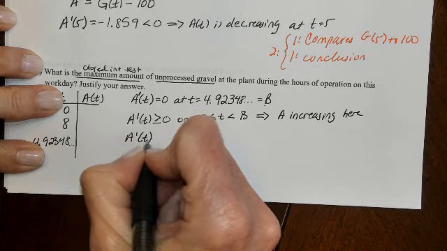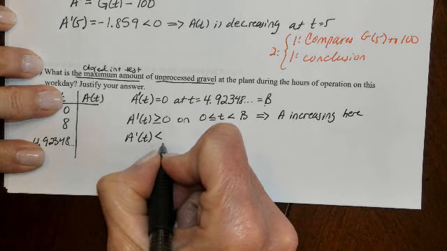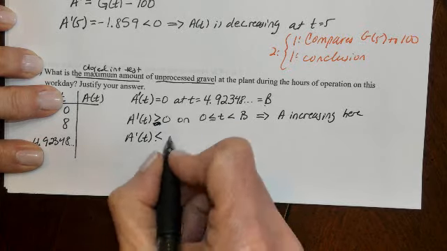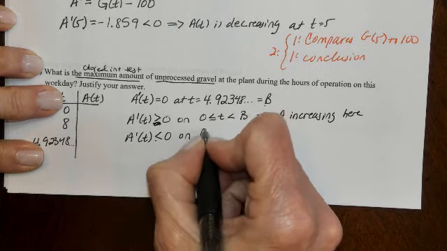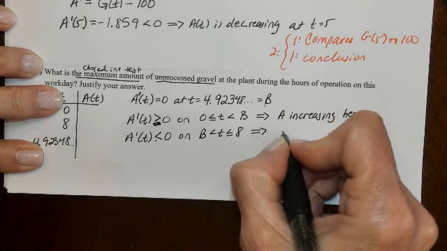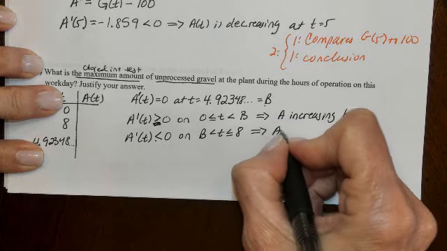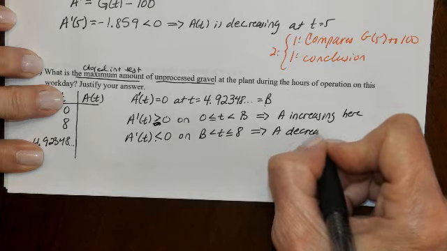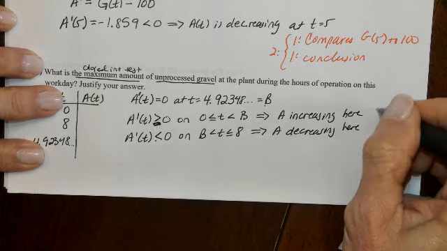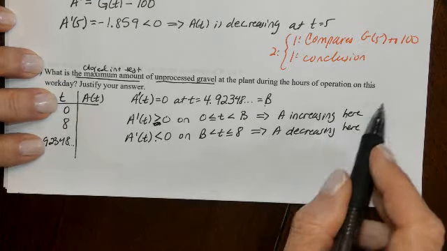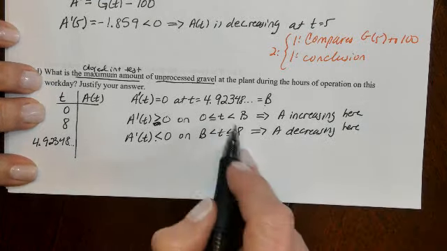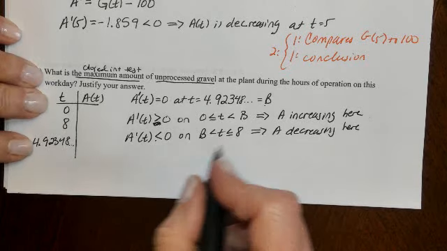A prime is less than 0 on B to 8, and that means that A is decreasing here. So A is increasing and then A is decreasing, so we have a relative max and an absolute max on that closed interval. Okay?